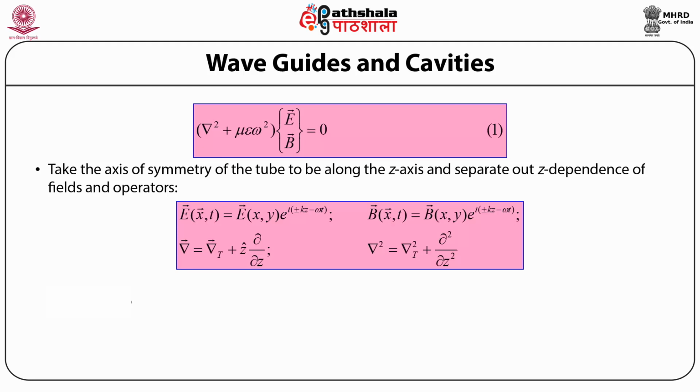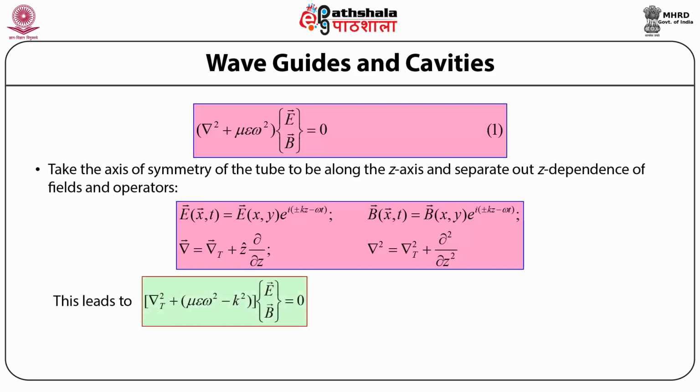Using these definitions and the way we have separated out the transverse component from the longitudinal component, we can rewrite the above equation as (del square transverse plus (μεω² − k²)) times the electric field vector equals 0, and similarly (del square transverse plus (μεω² − k²)) times the magnetic field induction vector B equals 0.